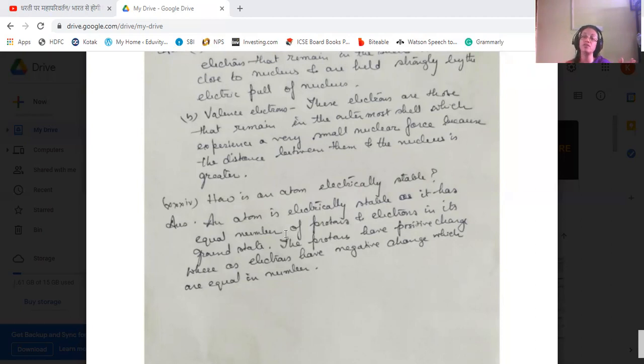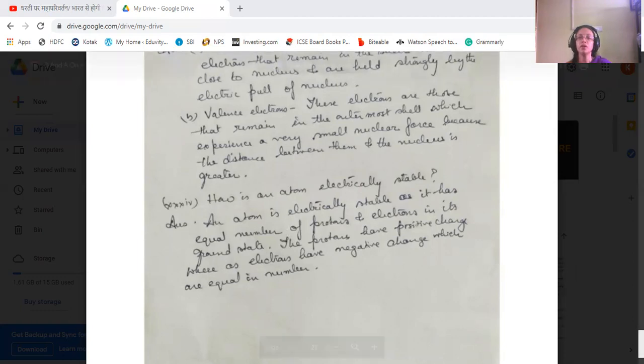Whatever number of protons it has, the same number of electrons it will have, and whatever positive charge it is having, that same amount of negative charge will be there on the electrons. That makes the atom electrically neutral, electrically stable.